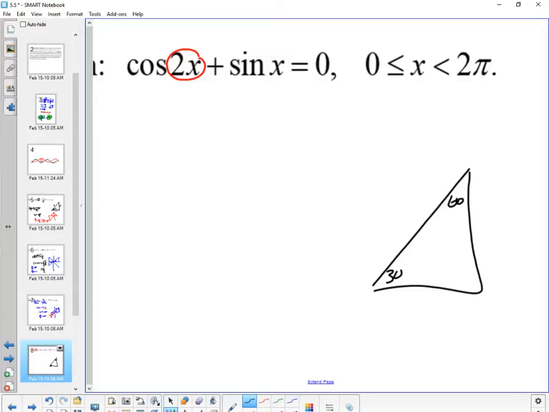The sine of some angle, like let's do, what is this, 1, radical 3, 2? So the sine of 30 is 1 over 2, correct? That means that the cosine of 60 is also 1/2. Do you see that?